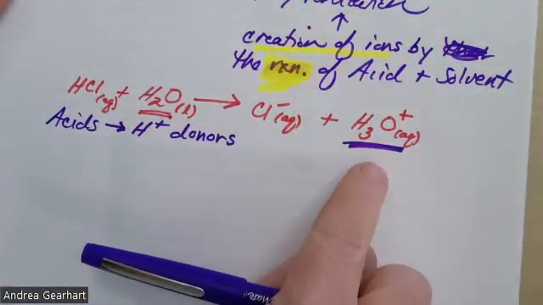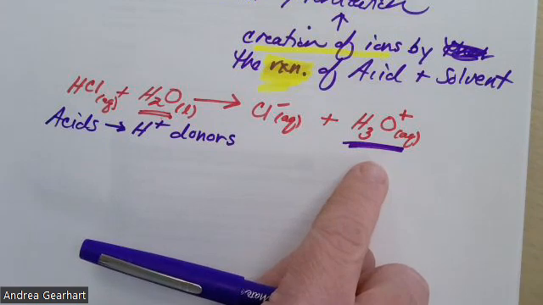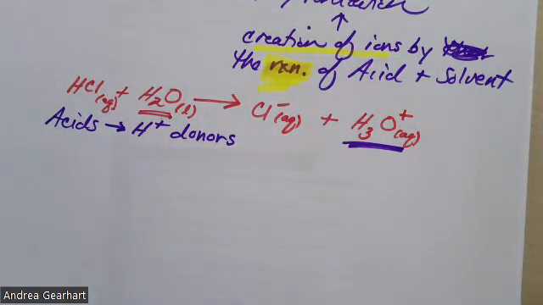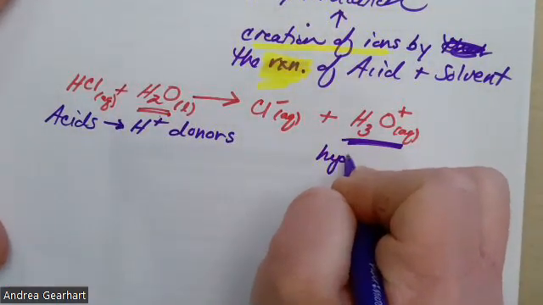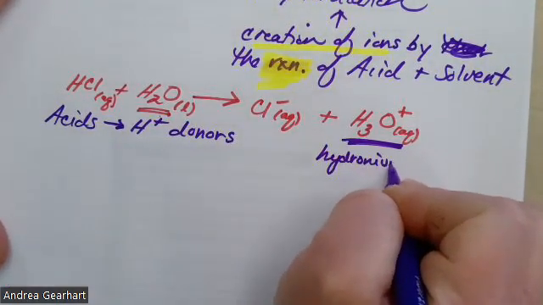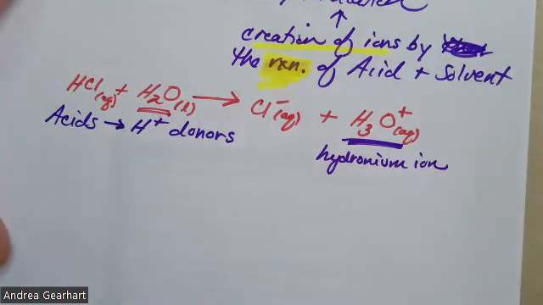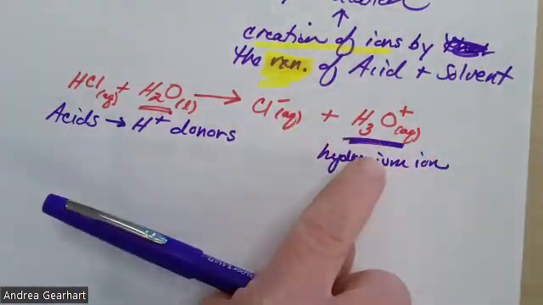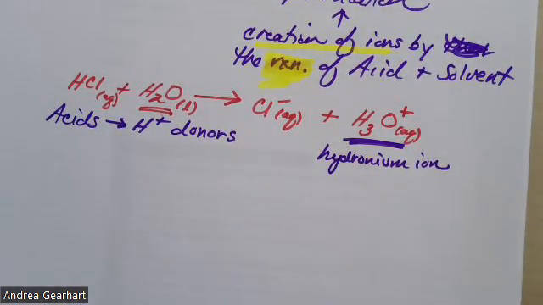It has all the characteristics we ascribe to acids. This is given a special name. It's called the hydronium ion. It's this that we're measuring to deliver a pH value.